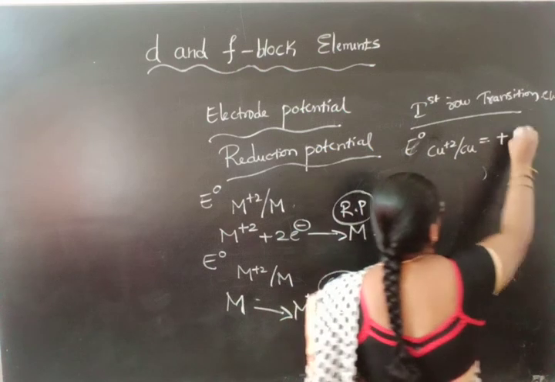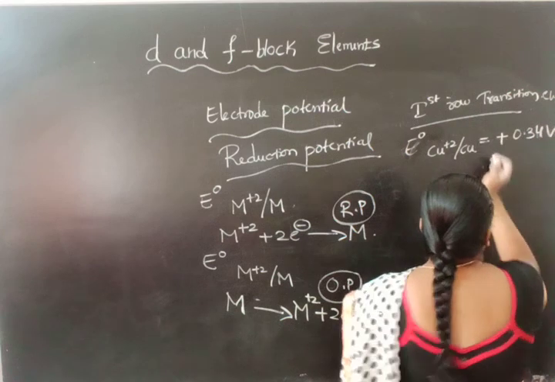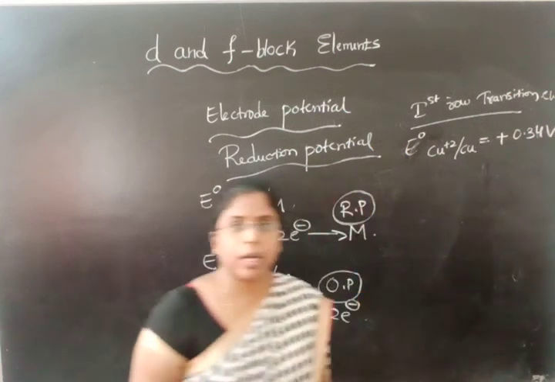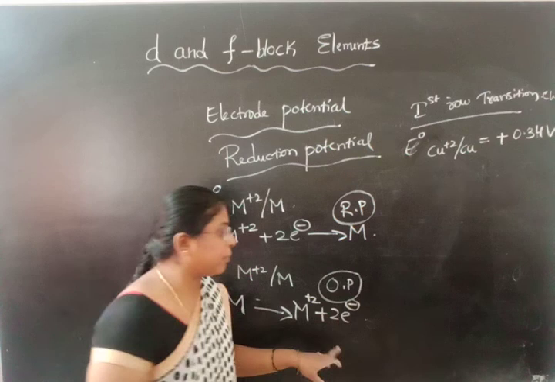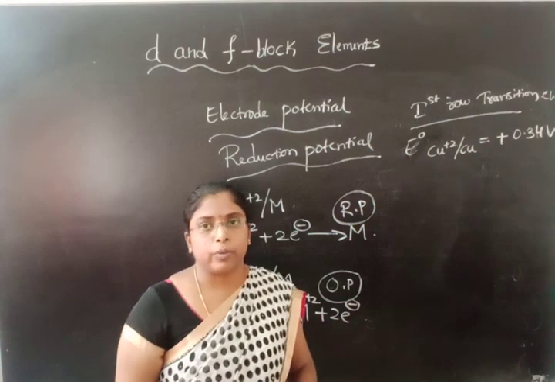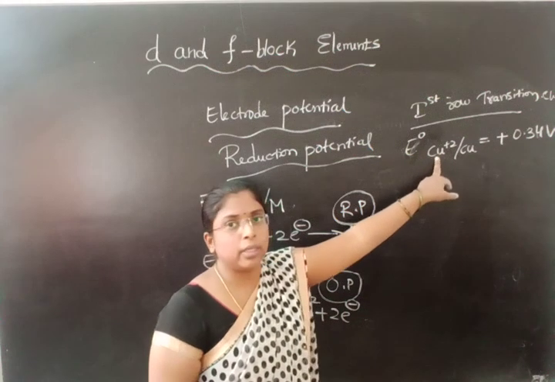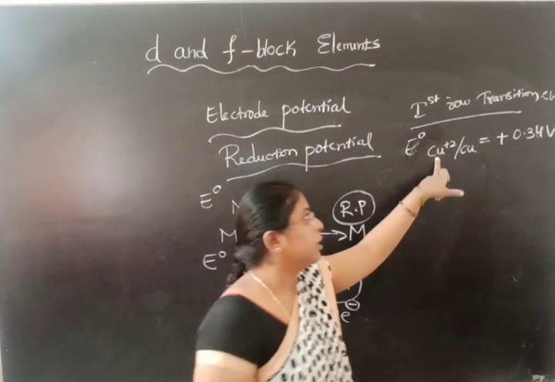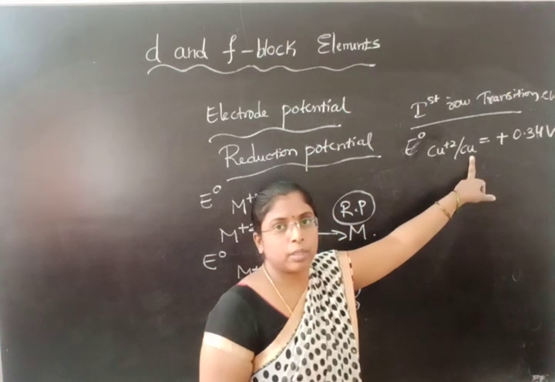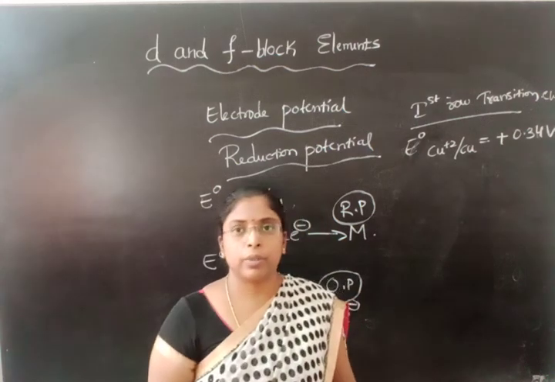It is 0.34 volt. Except copper, all these metals have negative electrode potential. Only copper has positive electrode potential. Copper is the exceptional case, because Cu plus 2 gains 2 electrons and forms stable metallic copper. Hence its electrode potential is 0.34.